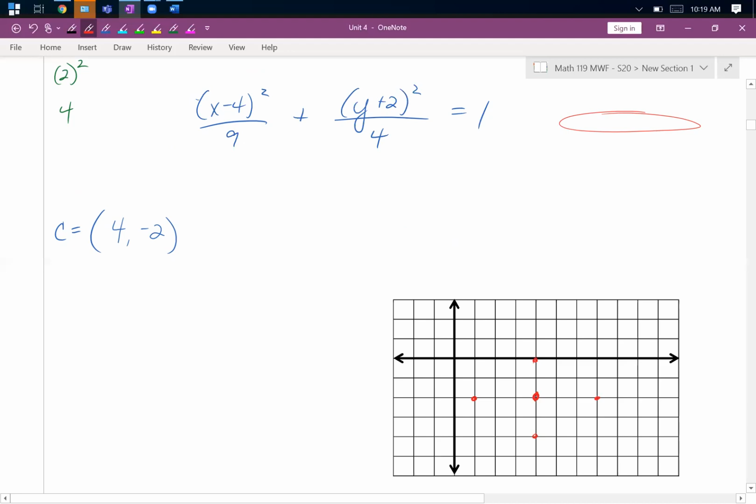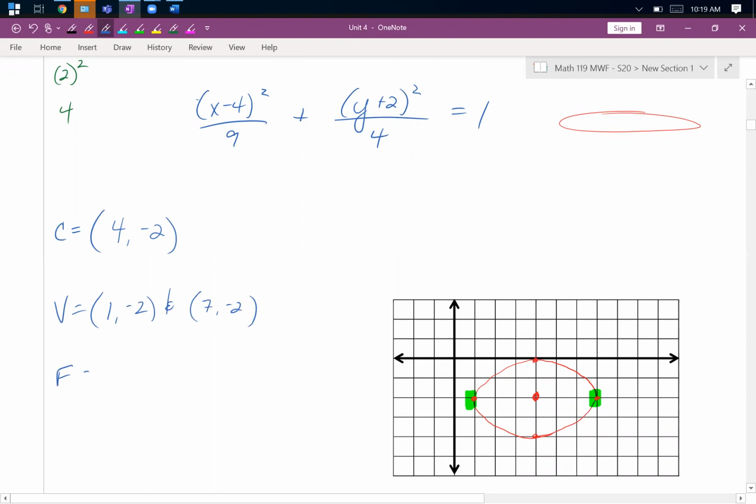And we're ready to draw it. Okay, there's our ellipse. Our vertices, there always are endpoints in the long direction. So those are located at 1, -2, and 7, -2.